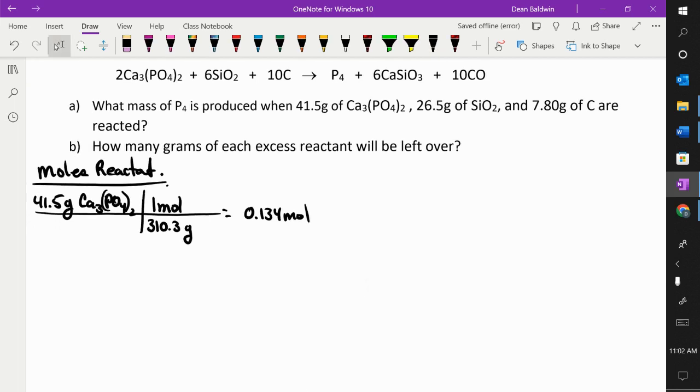That's calcium phosphate. We have 26.5 grams of silicon oxide. What's the molar mass of silicon oxide? 60.1? So that should give us 26.5 divided by 60.1, 0.441.